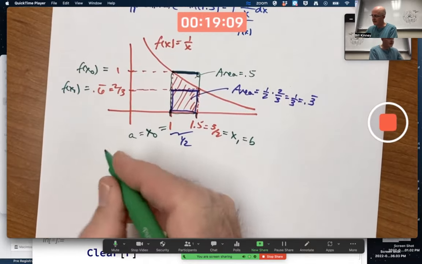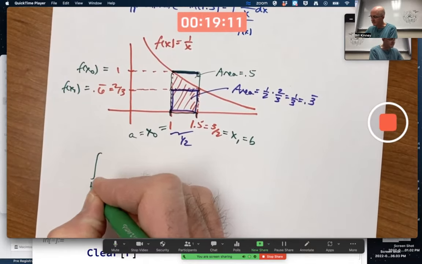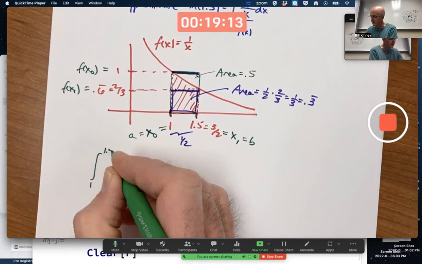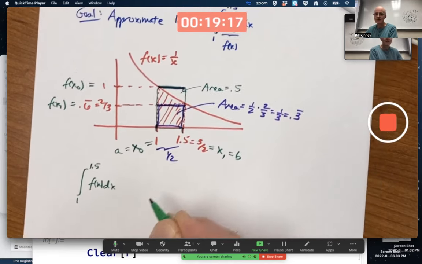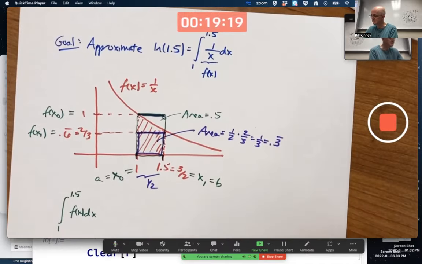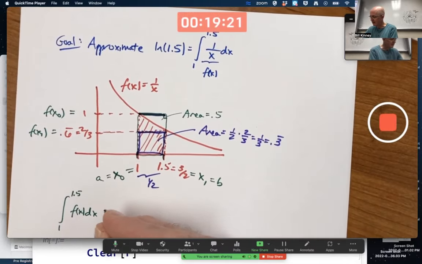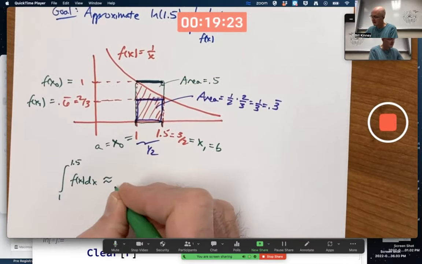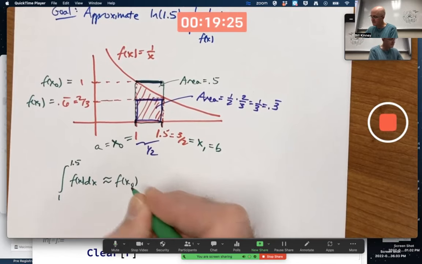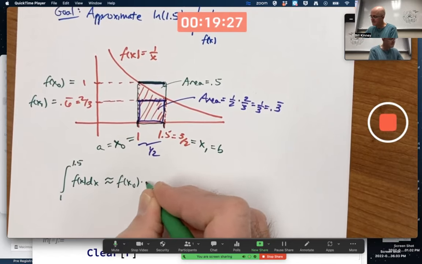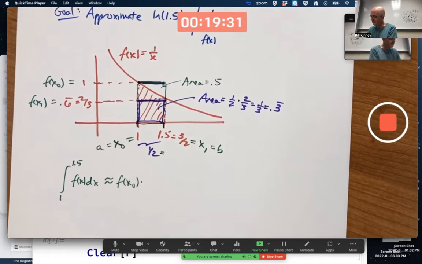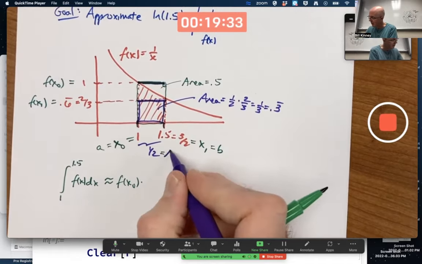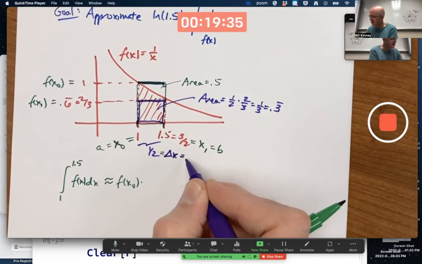So what we have here is we can write the integral from 1 to 1.5 of the function f of x, where f of x we are taking to be 1 over x, as approximately f of x0 times delta x. This 1/2 you could think of as a delta x if you like, or to be consistent with our book's notation, an h.